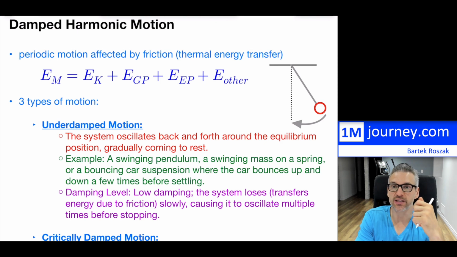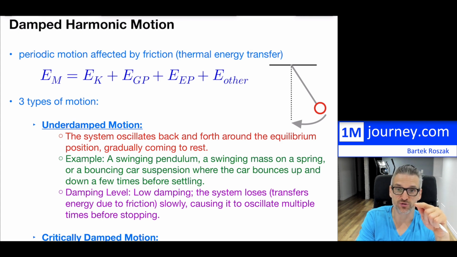We have really three forms of damped motion that you study in physics as you go along. In short, damped harmonic motion is nothing else but periodic motion that is affected by friction. And it may not look periodic at all, as you will see shortly.